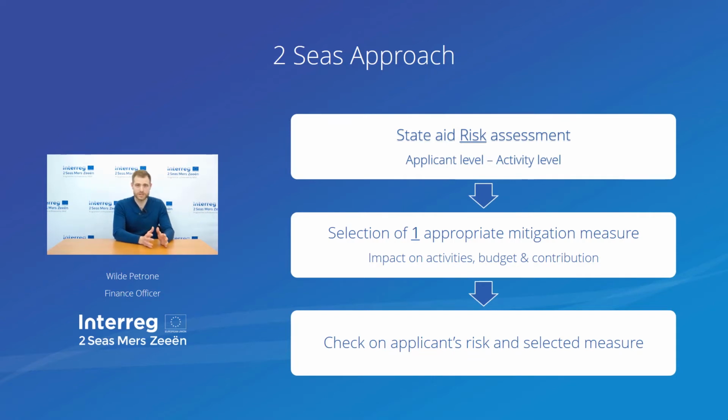Each and every applicant has to think about their potential state aid risk, and on the other side, the activity level. For example, you are an SME, and in your regular business you are doing economic activities. But for the purpose of the project, it might be that you are only doing activities that are considered non-economic.